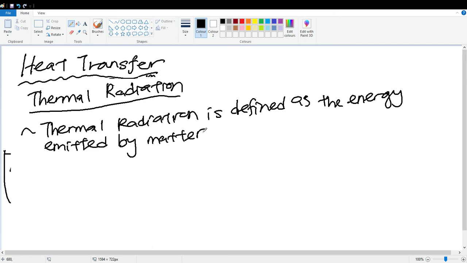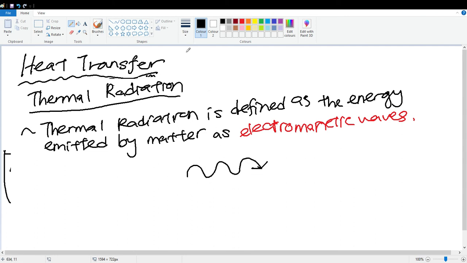So these will be my keywords: electromagnetic wave. So thermal radiation is defined as the energy emitted by matter, which is atoms, as electromagnetic wave. For a simpler explanation, the heat actually travels in the form of wave.